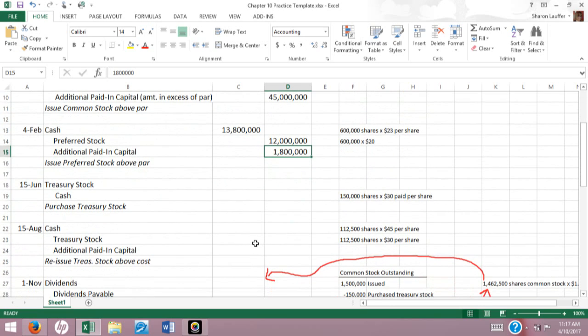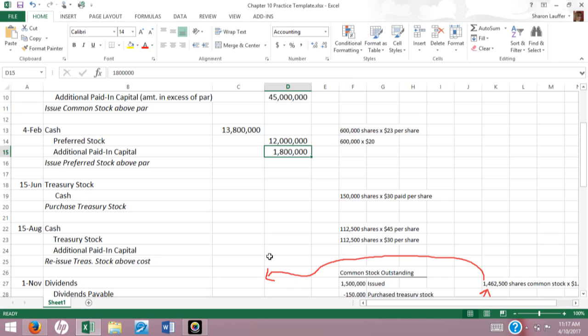All right, and then on June the 15th, it says we're going to repurchase 150,000 shares of its own stock for $30 a share. So when we repurchase our own stock, we call that treasury stock. Now, the first two transactions are recorded in a similar manner. Whether they're common stock or preferred stock, we still are going to record a debit to cash, a credit to whichever stock account is appropriate, whether it's common or preferred.